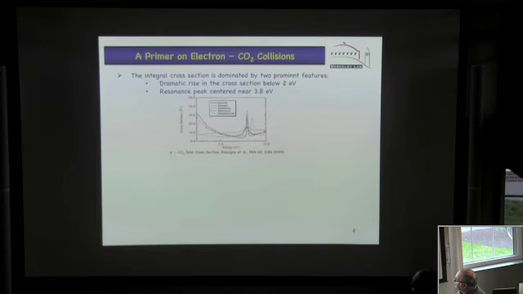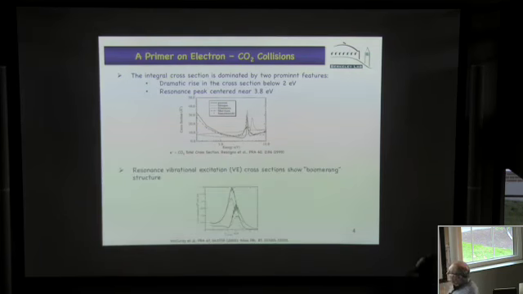And there again, we also get the low energy rise in the cross section, right, if you put in polarization and do a very careful calculation. So that's one feature. The other feature is that this 4-volt resonance also gives rise to prominent resonant vibrational excitation structure, and that structure actually shows these oscillations, which we call boomerang structure.